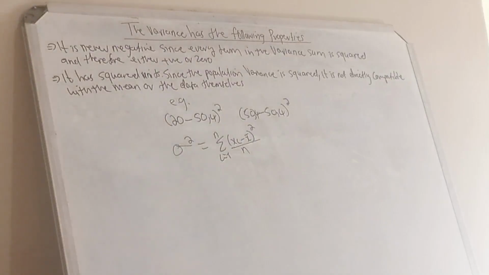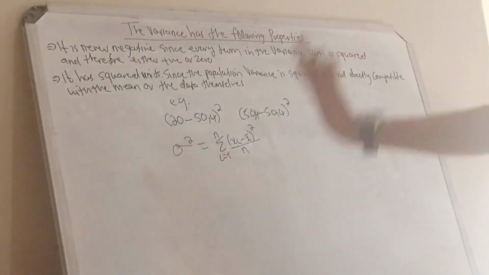You cannot compare it with the mean or the data itself. You cannot use the data itself or the mean to try and make a comparison with the variance. It will never work. But maybe there are some cases where a debate can be thrown.